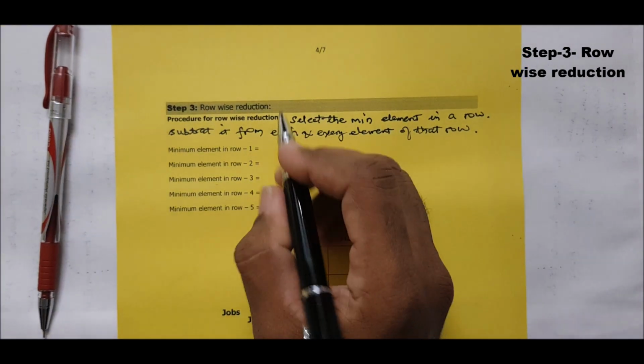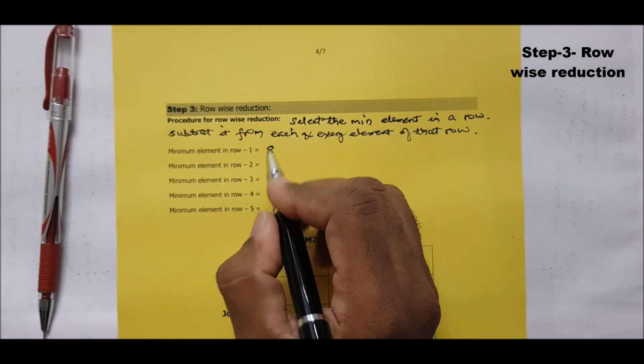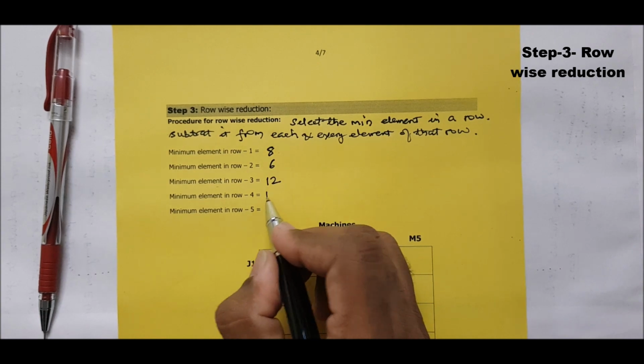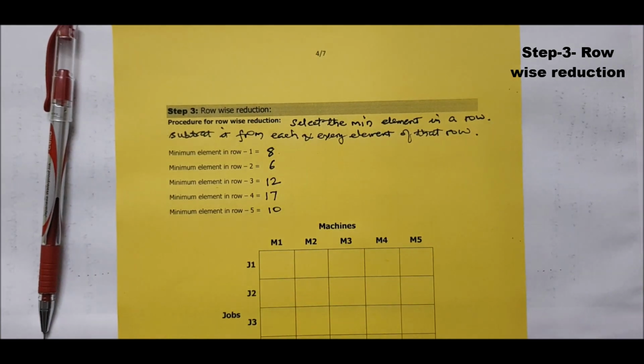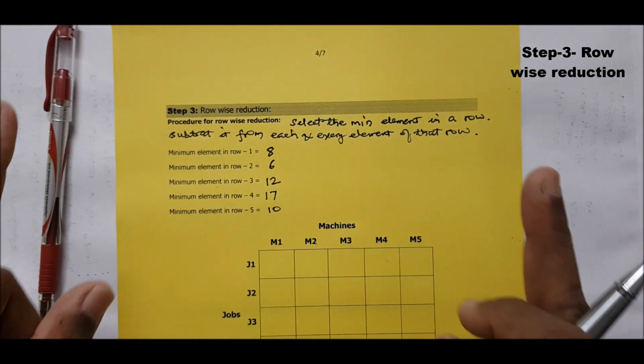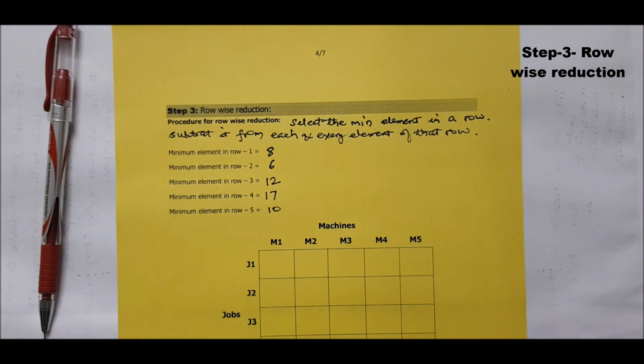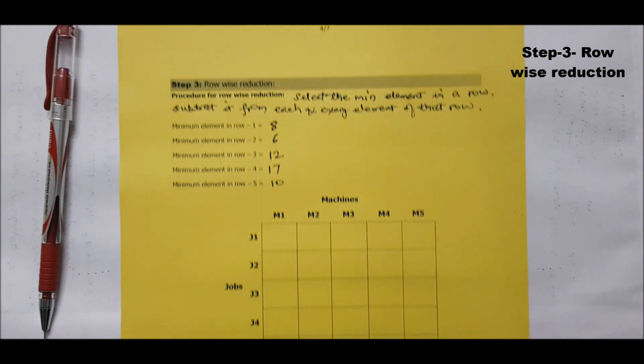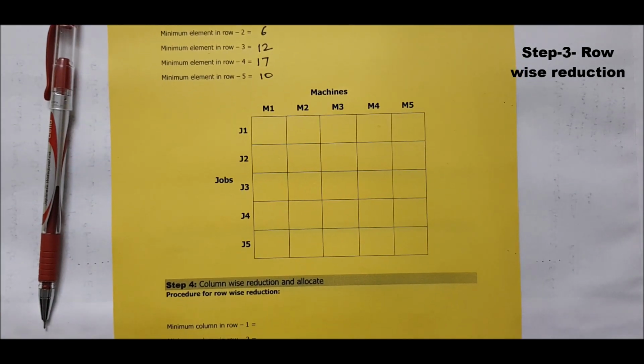It is very simple. So 8, 6, 12, 17, 10. Whenever a problem is being solved, we have to showcase what is happening. It is not simply writing the values. That is very crucial to be noted.